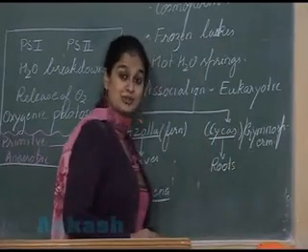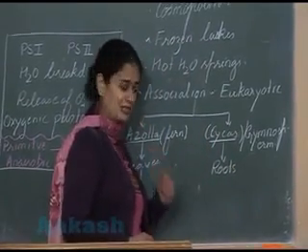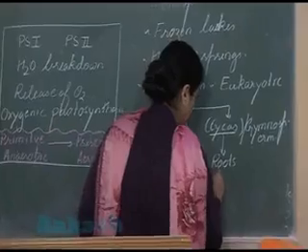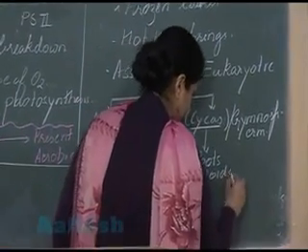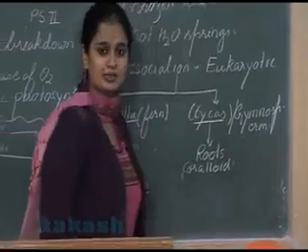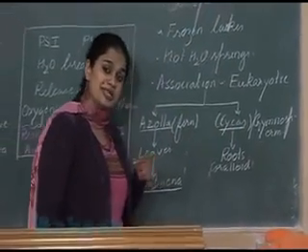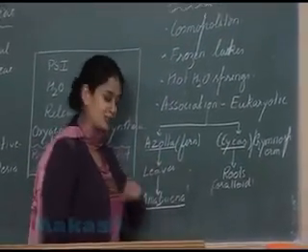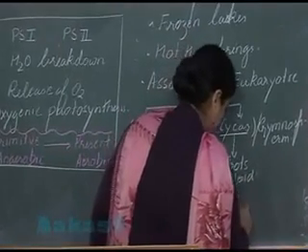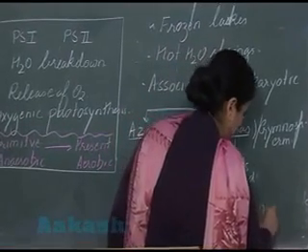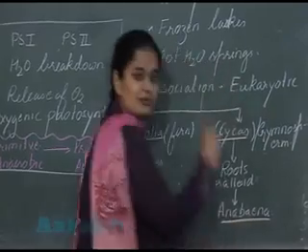The roots showing the association of cyanobacteria are known as coralloid roots. Very important. The cyanobacteria associated with coralloid roots is again a species of Anabaena.